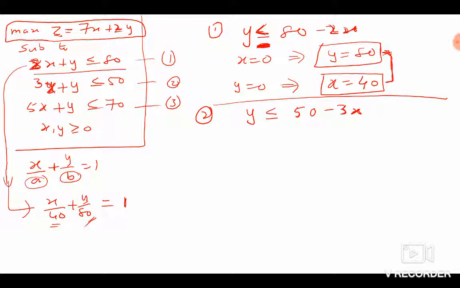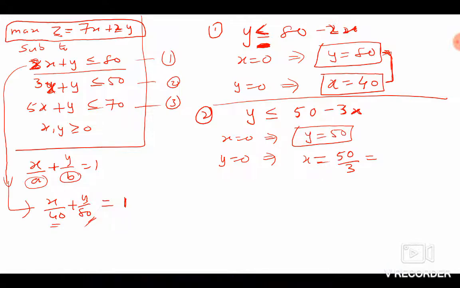Now what is x-intercept or y-intercept? When you take x equal to 0, y is 50. Y-intercept is 50. When you take y is 0, x-intercept is negative 50 divided by negative 3, isn't it? 50 over 3. What is 50 over 3?